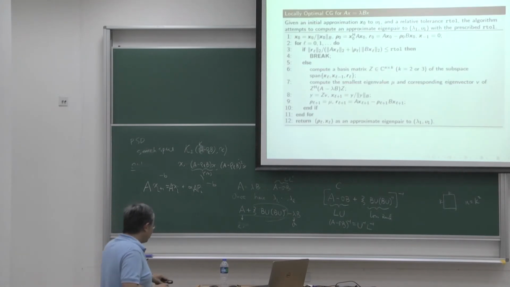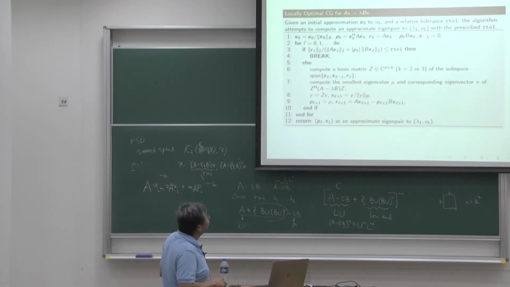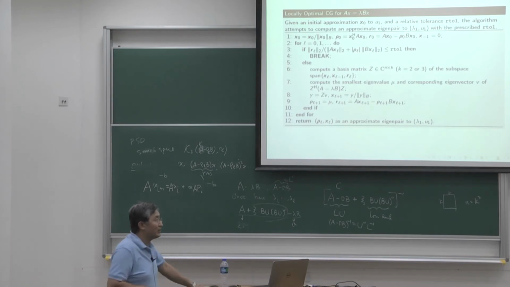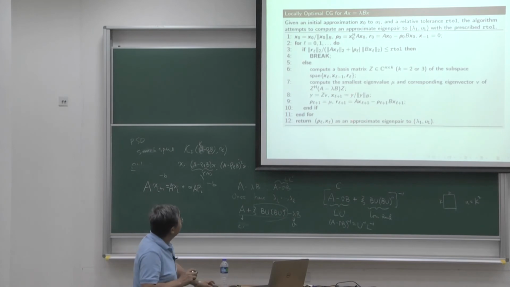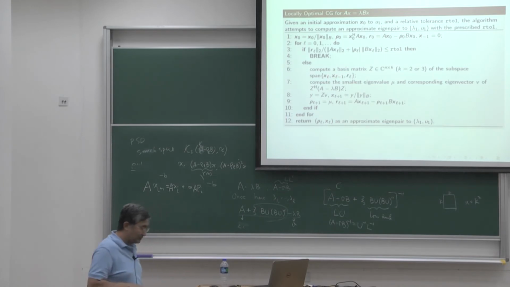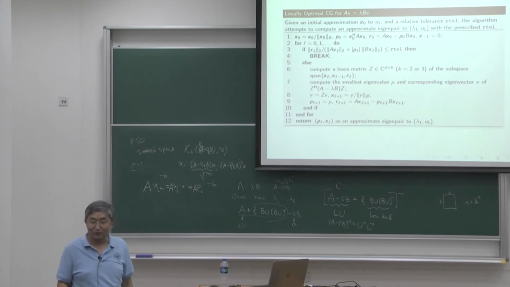Now, as is, they may have a problem, though it's not too much of a problem as I ran it. The one thing you observe here is that we hope x_l is going to converge to the eigenvector.